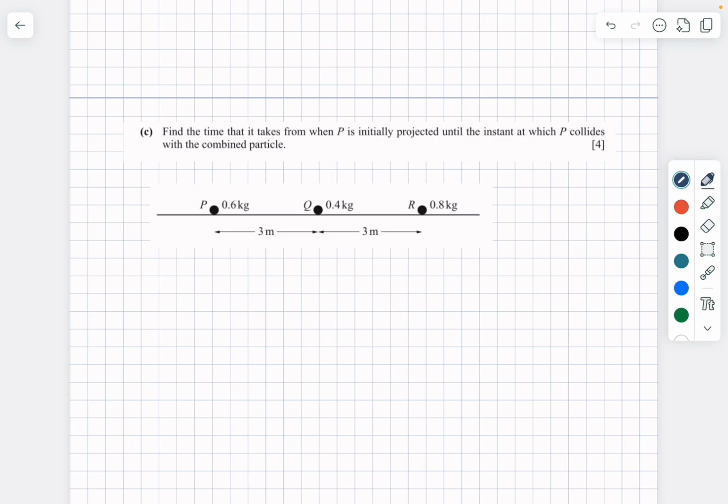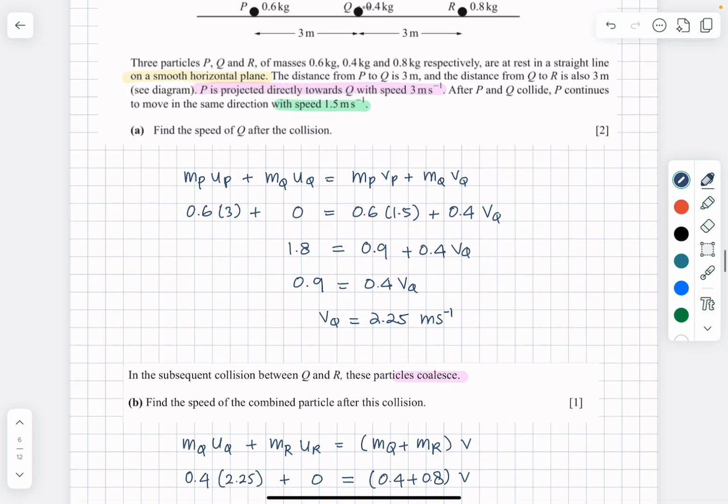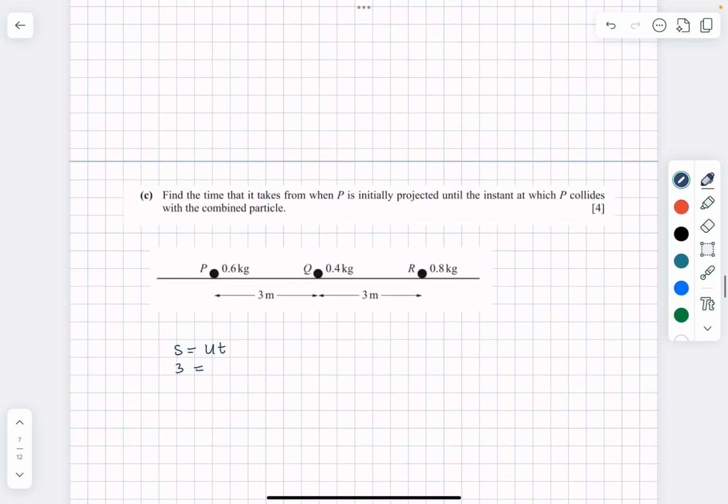So we can find the time taken for P to reach Q. S equals ut. Since there is no friction, the speed is constant. S is 3, speed is 3, so 3 equals 3t. So the time taken for P to reach Q is 1 second.